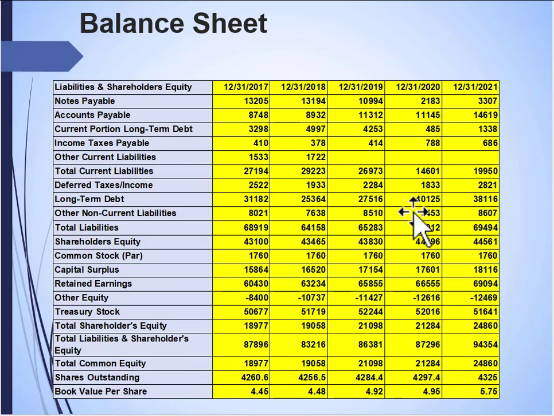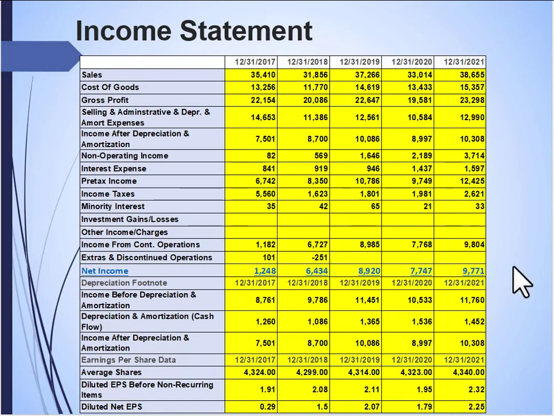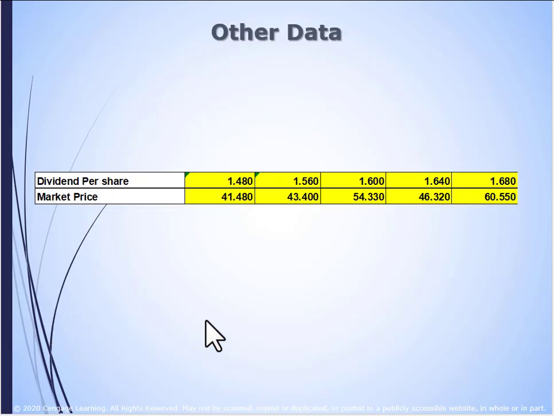We also have the right-hand side of the balance sheet, which reflects the financing aspects of the company. We have their income statement, which reviews the operations for the past year. We have some other data that we might need. Dividends certainly is important. Market price.